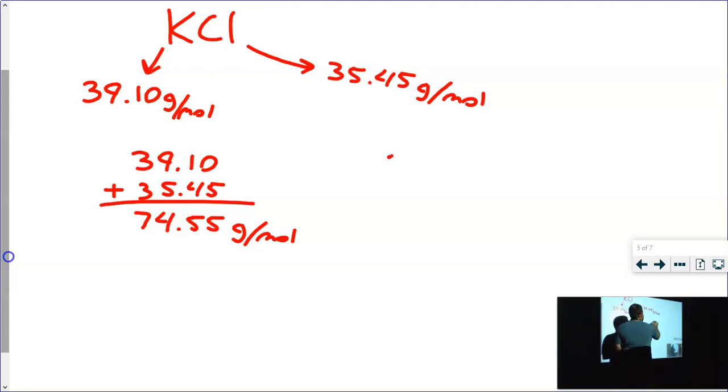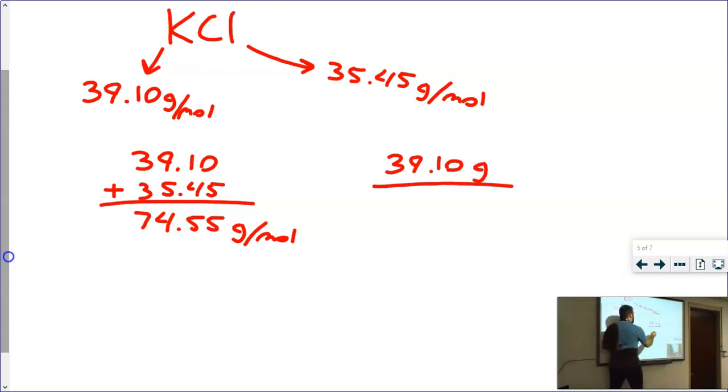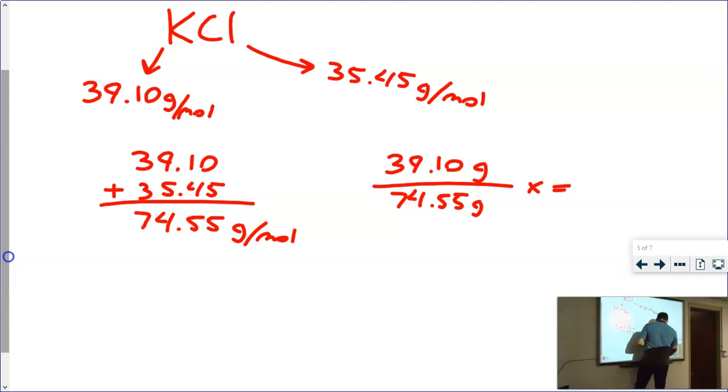I take my part. I'll start with potassium. The part is 39.10. Hold on, let me get the lights. There we go. 39.10 divided by the total, which is 74.55, and then I multiply that by 100 to get my percentage.